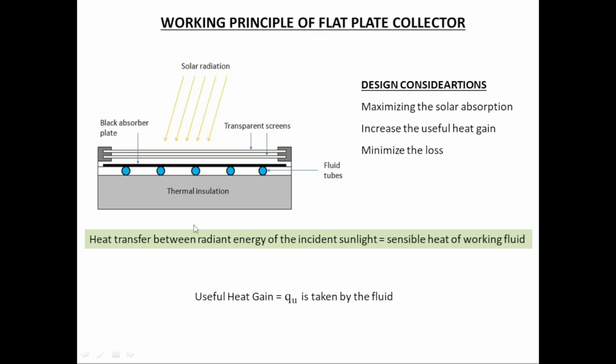So when you measure the loss coefficient, you have to account for all three different kinds of loss coefficients: through the upper part, through the sides, and through the bottom of your flat plate collector.